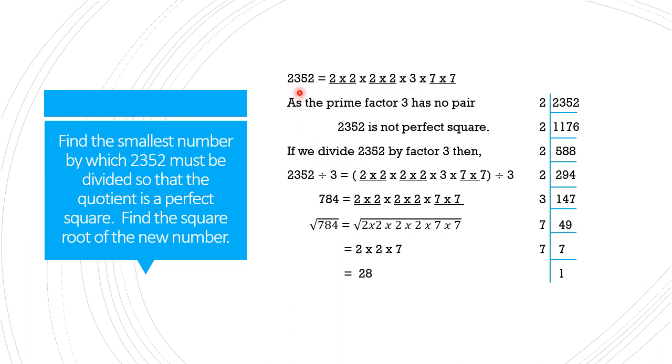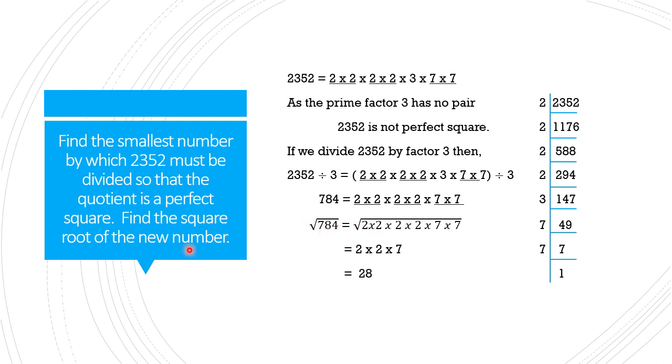So we write 2352 divided by 3 is equal to, on the right side also you divide by the number 3. So on the left side, dividing, we get 784. Okay, that is the number asked in the question. And on the right side, dividing by 3, this factor cancels. So each factor we get in pairs.